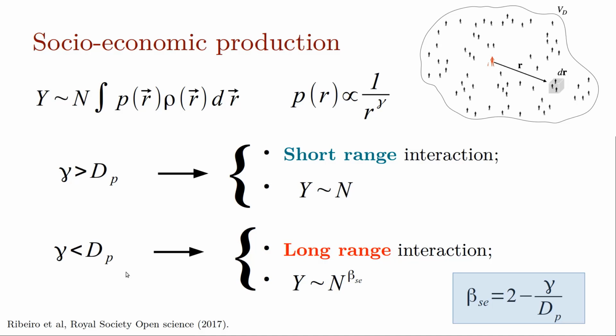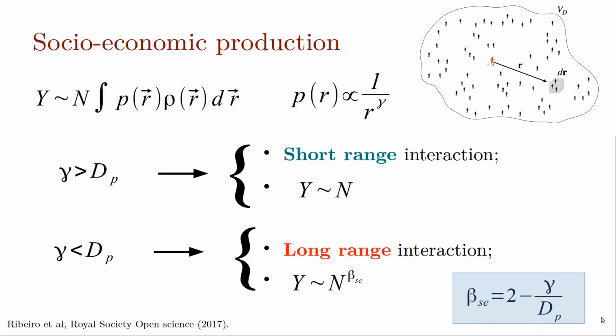And in addition to that, we can get as an output of the models that the beta, the urban scaling exponent, can be determined by this gamma, the range of interaction, and also the fractal dimension of the population, right?